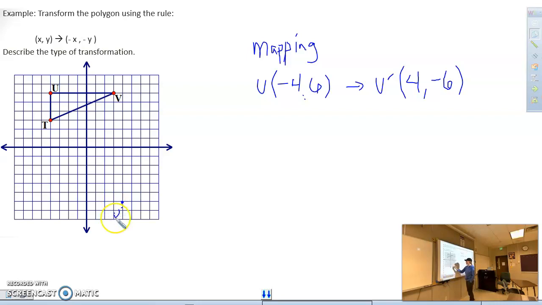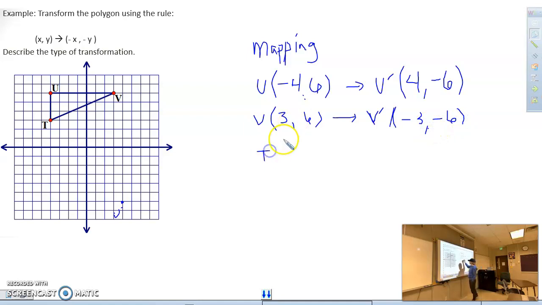So I would like you to pause and figure out V prime and T prime. Okay, so of these other 2, V is at 3, 6, so V prime would be at negative 3, negative 6. And then T is at negative 4, positive 3.